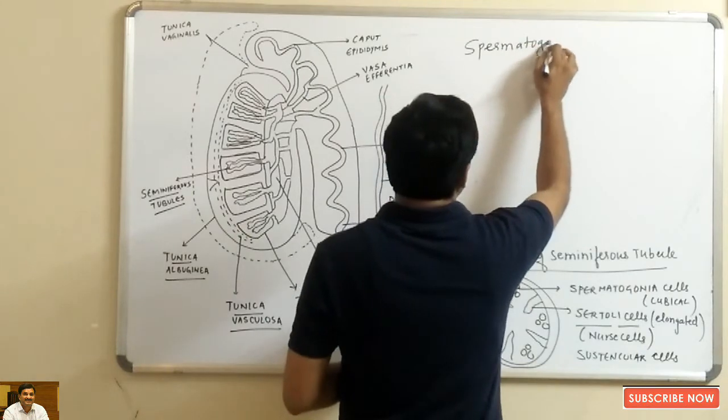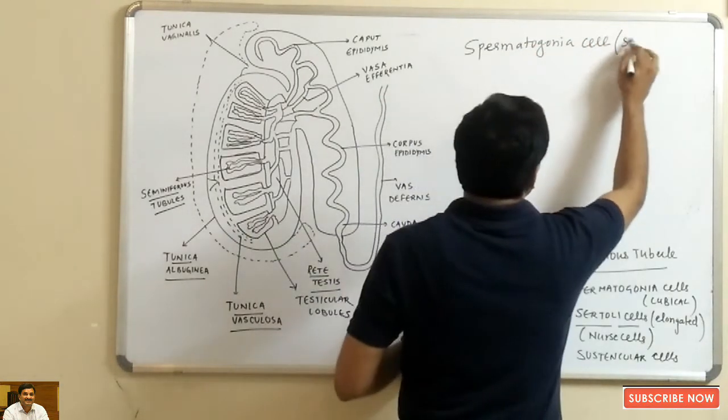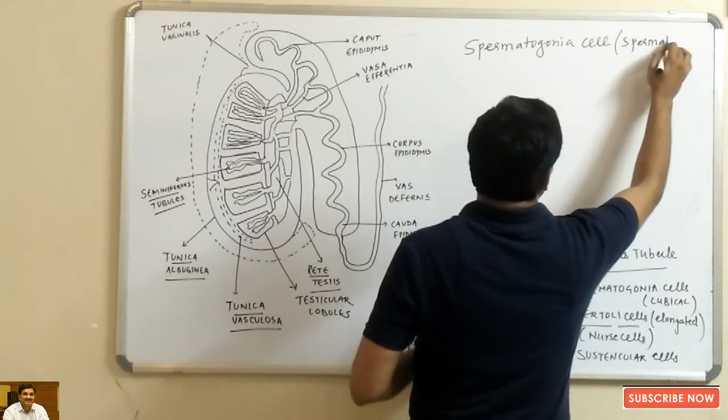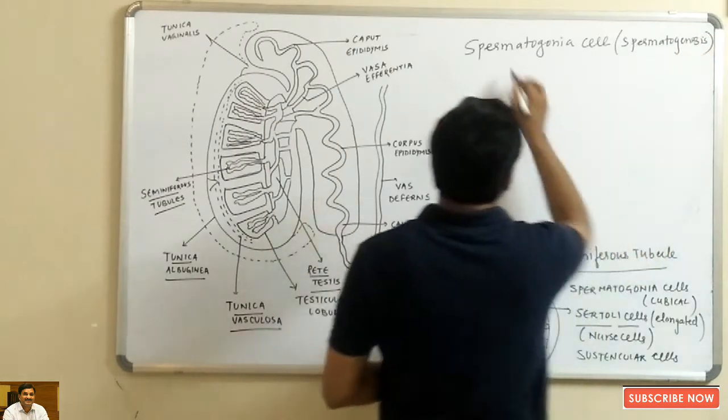So the spermatogonia cells undergo spermatogenesis.